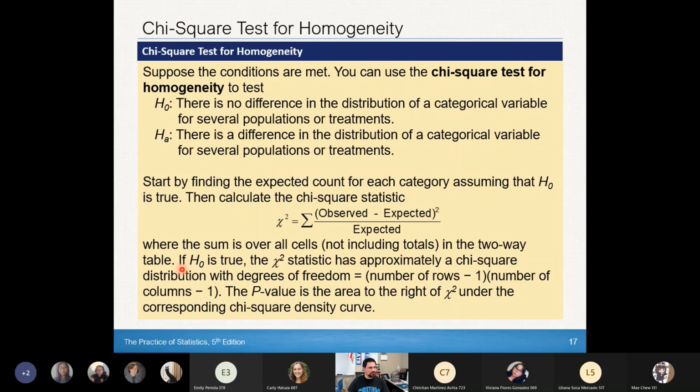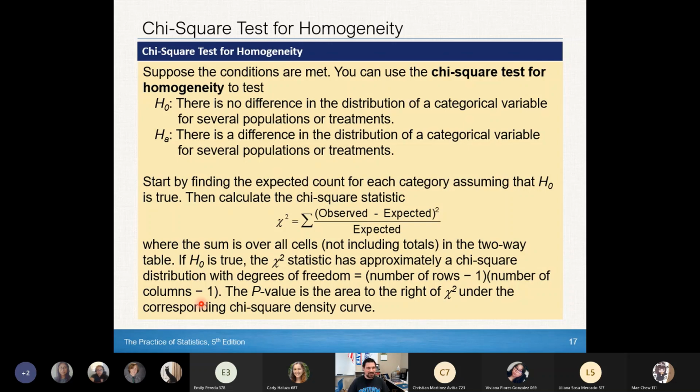If the null hypothesis is true, the chi-squared statistic has approximately a chi-square distribution with degrees of freedom equaling the number of rows minus 1 times the number of columns minus 1. So once again, the degrees of freedom is based on the number of categories, not the sample size.